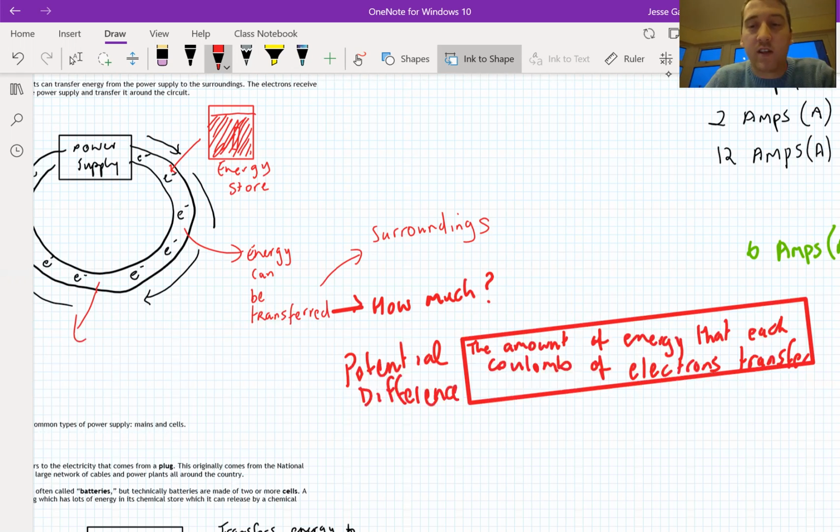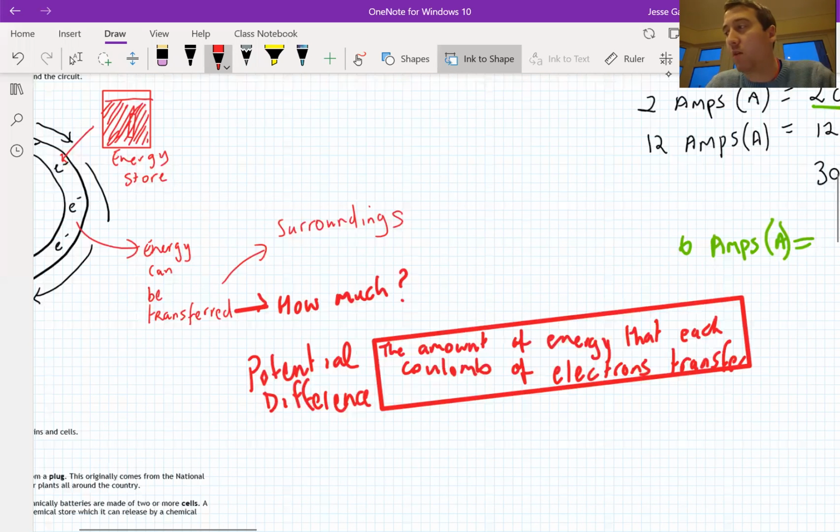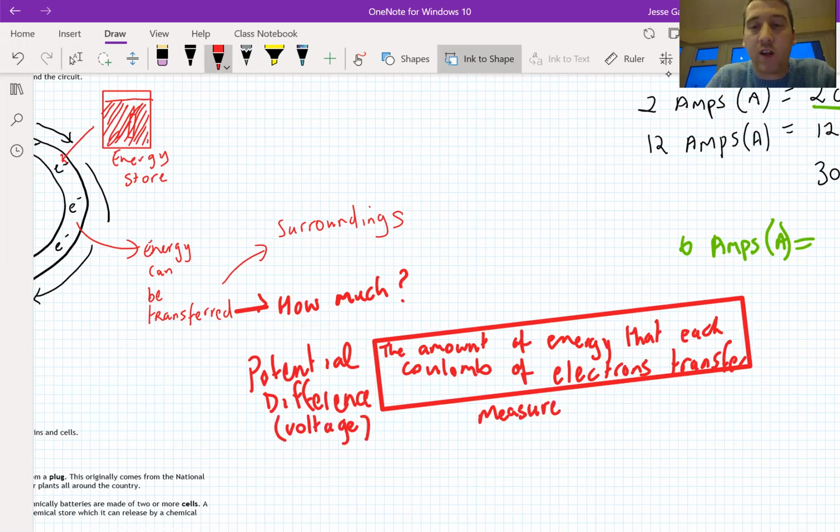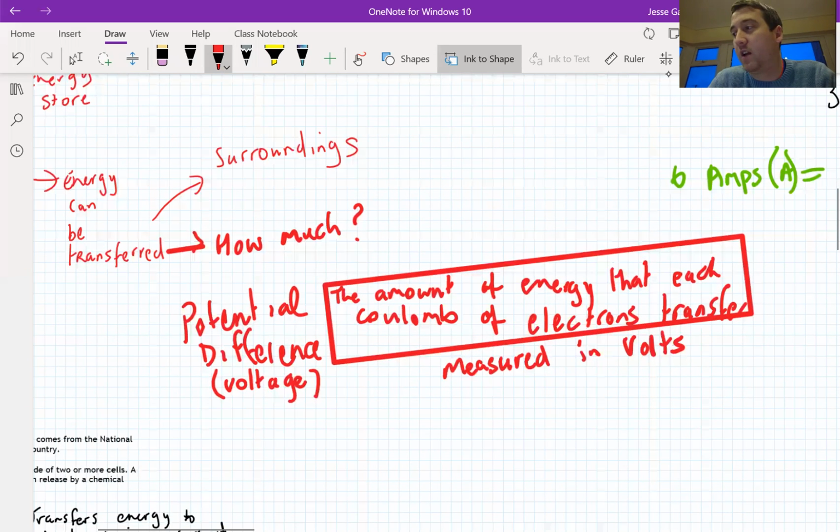So the potential difference is the amount of energy that each coulomb of electrons transfers. This is also known sometimes as the voltage. So the voltage of the circuit is the amount of energy transferred by each coulomb of electrons. It's called the voltage because we measure potential difference in volts. Okay, so voltage or potential difference is measured in volts.